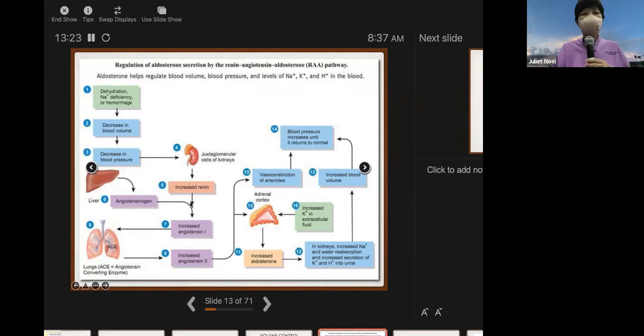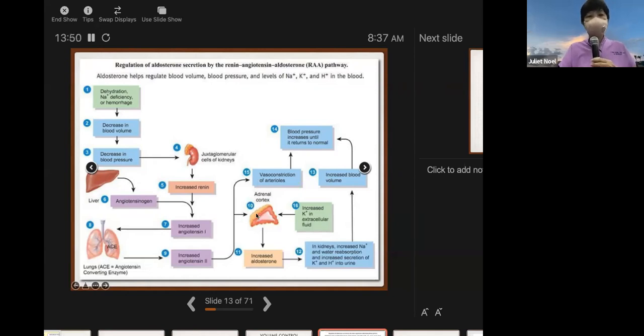So what does renin do? As I mentioned, it converts angiotensinogen to angiotensin 1. Then the ACE in the lungs will convert angiotensin 1 to angiotensin 2. Angiotensin 2 will cause vasoconstriction of the arterioles.